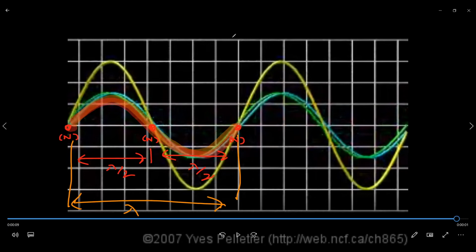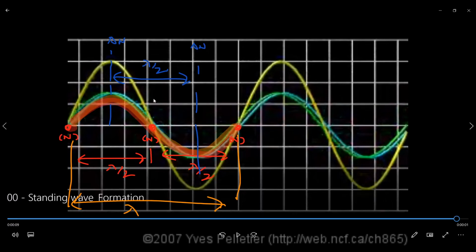And likewise, it's the same now. If I told you the distance between adjacent antinodes, these being the antinodes here, the distance between adjacent antinodes will also be half a wavelength. So that's why we say it that way, right?